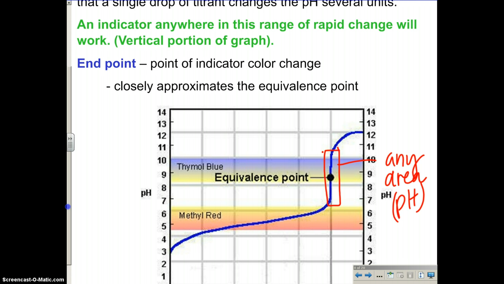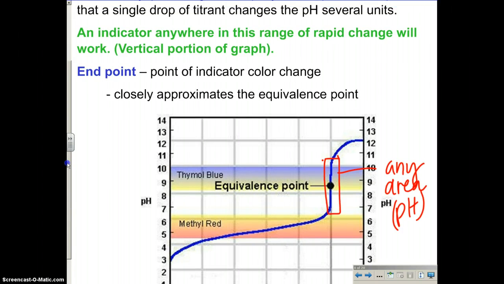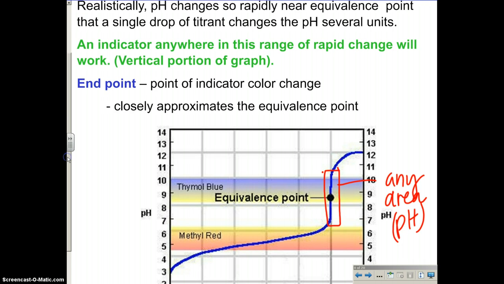So if you choose your indicators appropriately, you do have a wide range that you can use here. It just depends on what type of reaction you're doing. The main reason we can't always choose exactly what we want is that a single drop of the titrant can cause a big, humongous pH jump, so sometimes it's hard to choose.